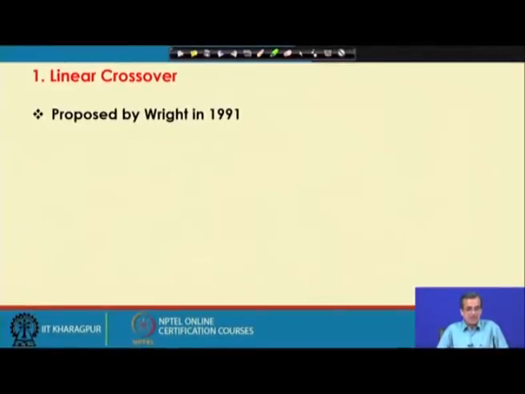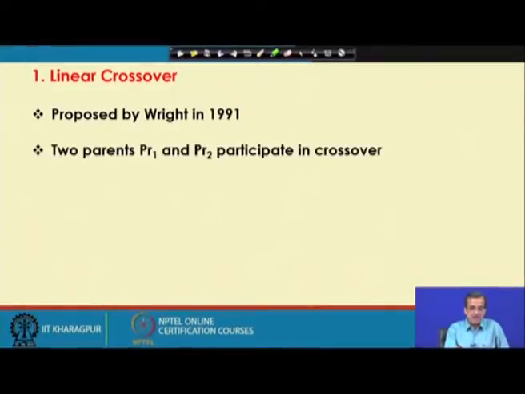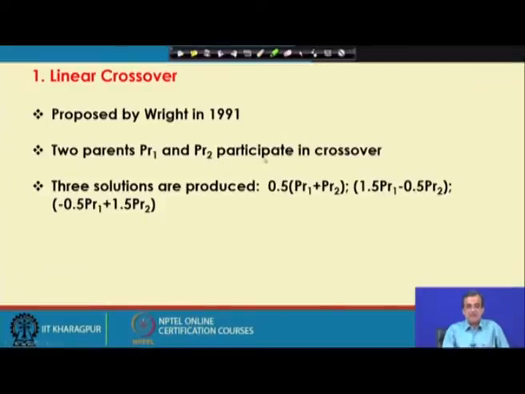Now, the linear crossover concept was proposed in the year 1991 by Wright. The principle is very simple. Supposing that we have two parents PR1 and PR2 which are going to participate in linear crossover. Using the numerical values of PR1 and PR2, we calculate the children solutions as follows. For example, 0.5 multiplied by PR1 plus PR2.